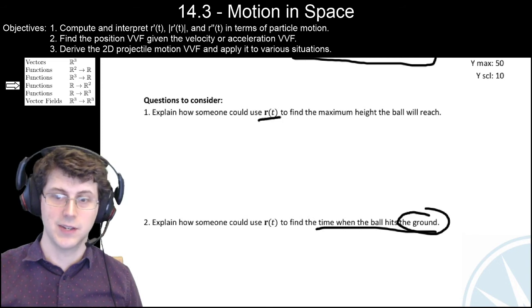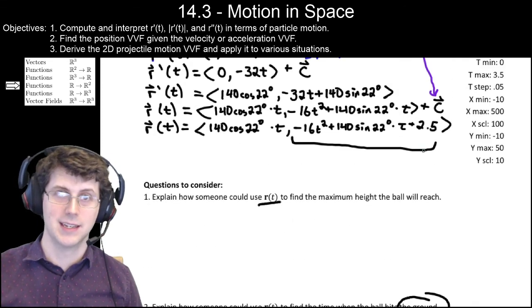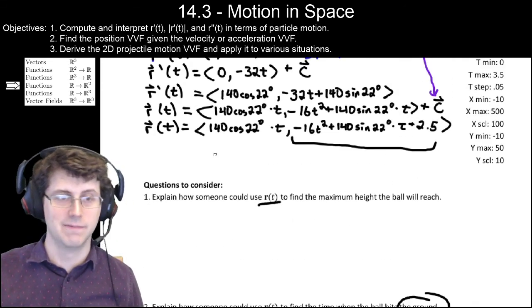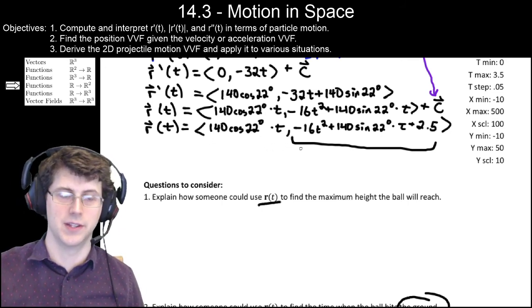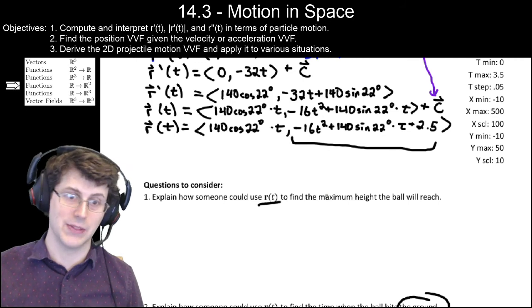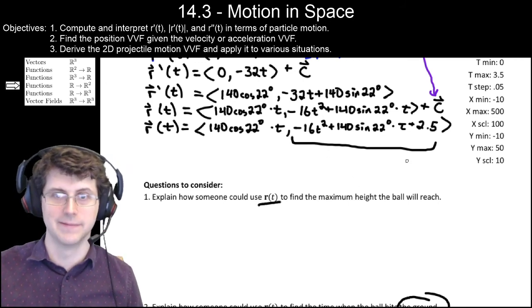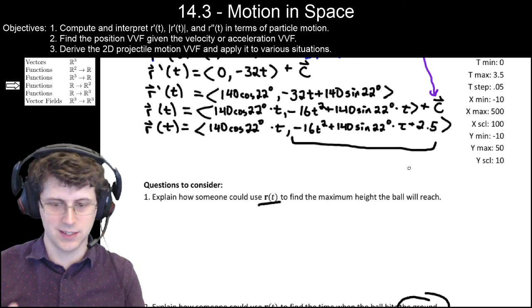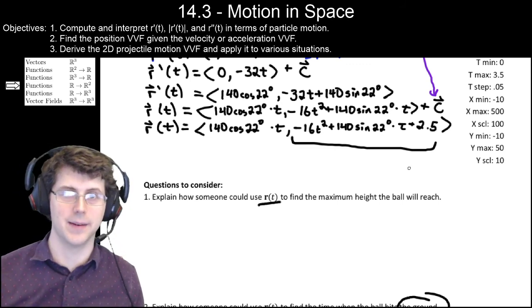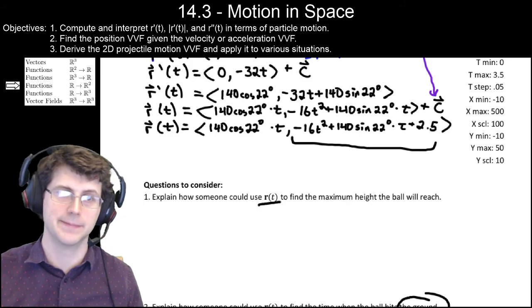So again, you can use just the height component. If you end up having questions about the horizontal distance traveled, you use the horizontal component. If you have questions about the height, you use the height component. Having a vector valued function splits up the function into its two components, and you usually care about one of those components at a time.